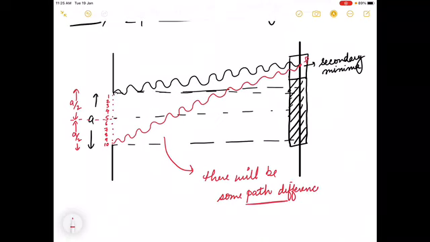I hope that is understandable, right? So let me call this point A and point B, right? Your A and B is the wavefront, and from there the wavelets are reaching your point P, yes or no? And we are getting a secondary minima, right?